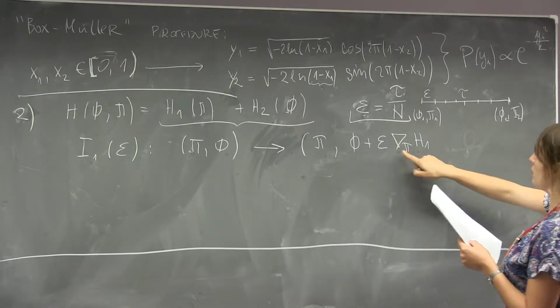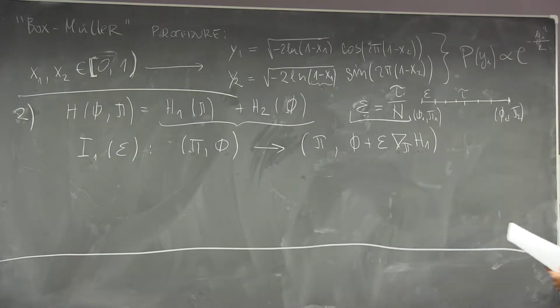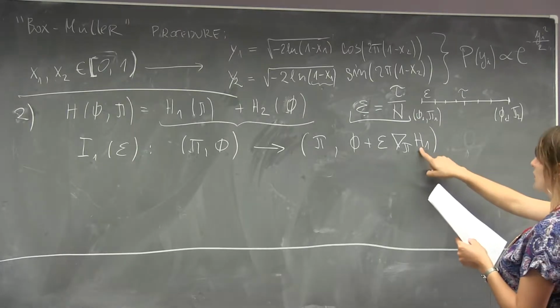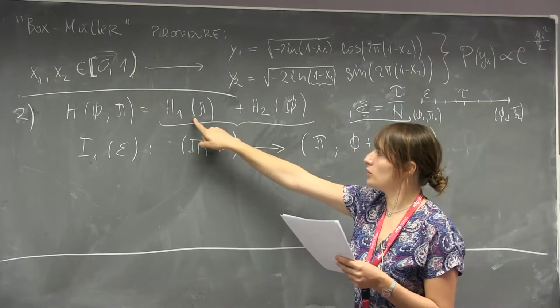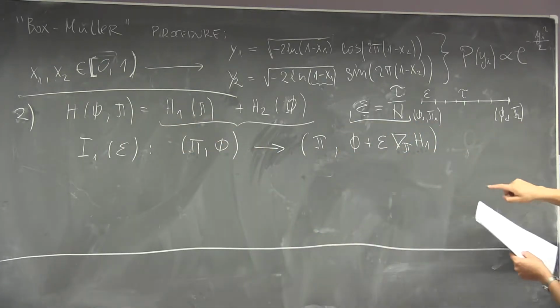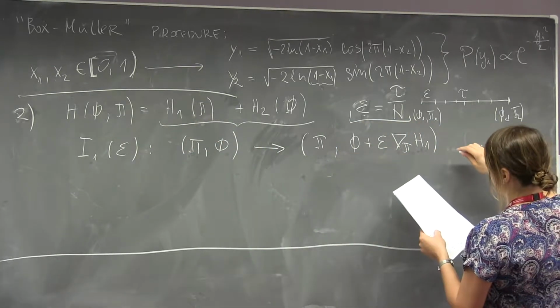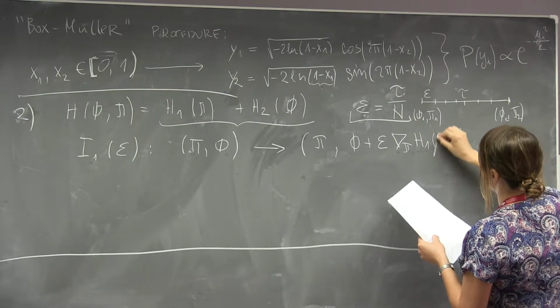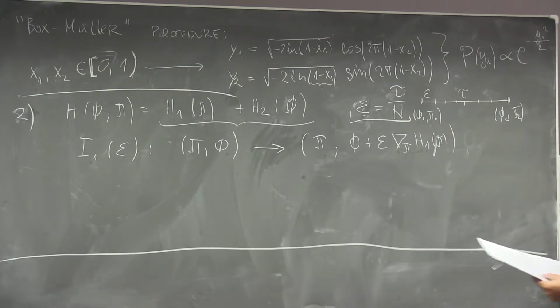So this will be the derivative of the first part of the Hamiltonian, which depends on pi, with respect to momenta pi. So H1, which is the only part which depends on pi.